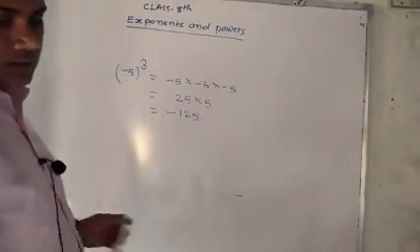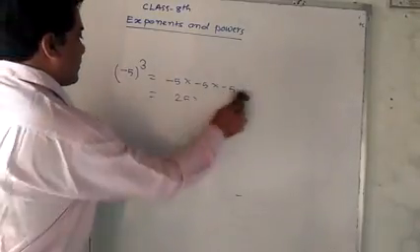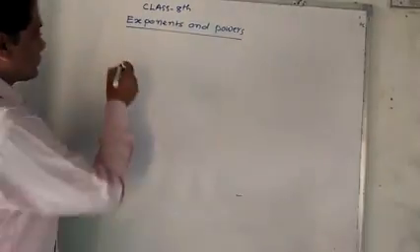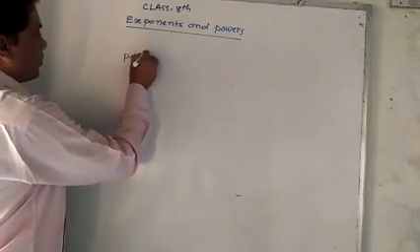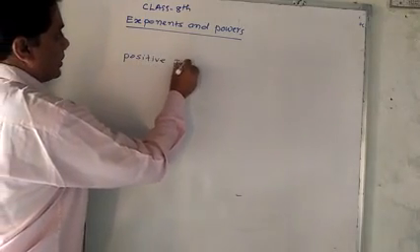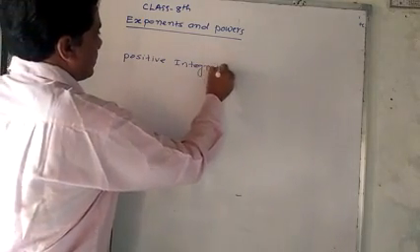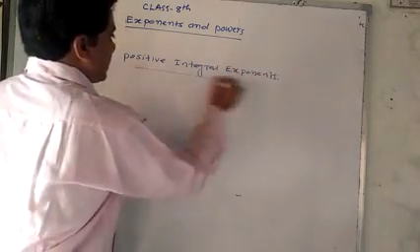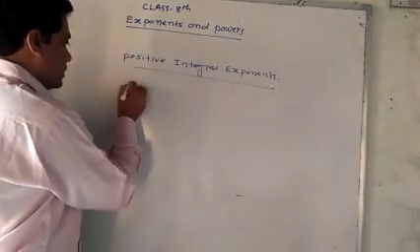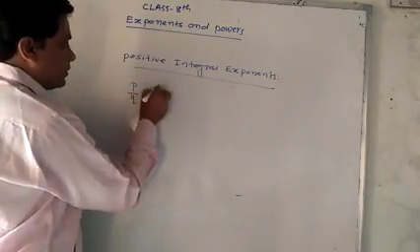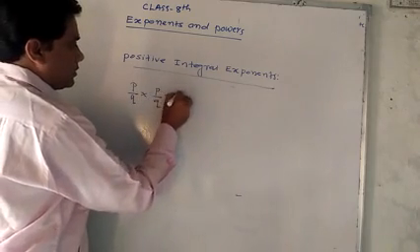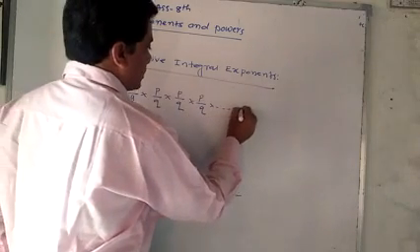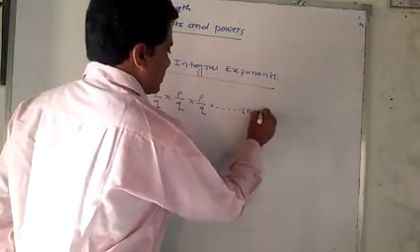Now positive integral exponent. Positive integral exponent means here we can write p by q into p by q into p by q, dot dot dot, n times.